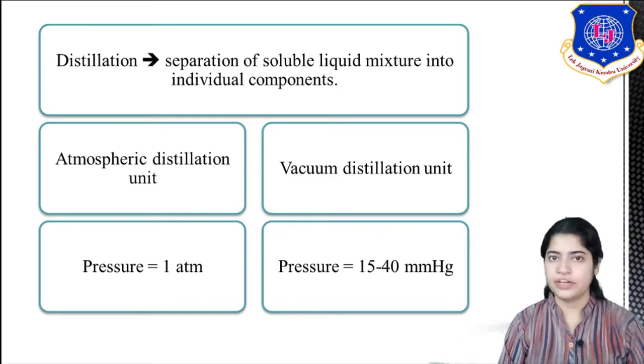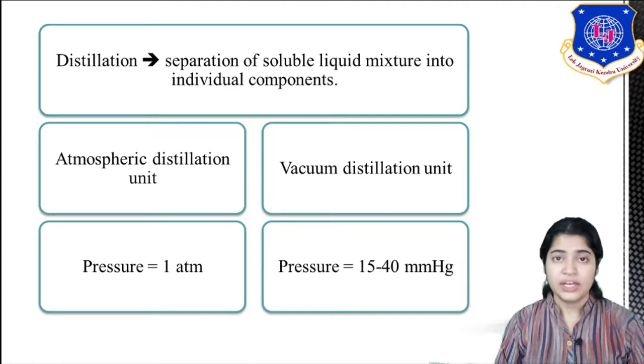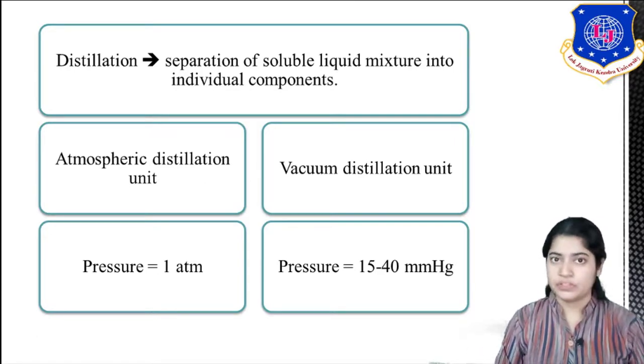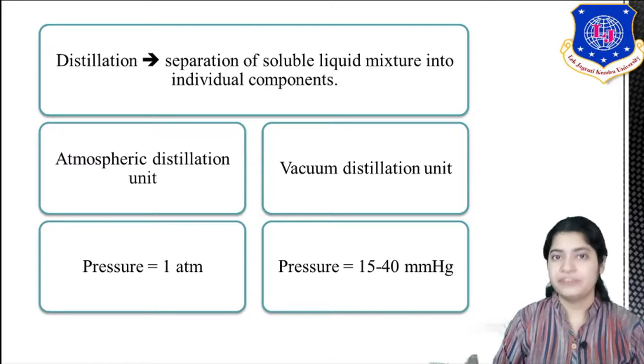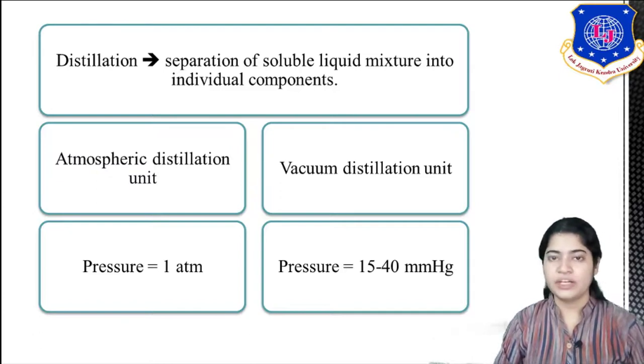It is carried out in the atmospheric distillation unit. The second one is the vacuum distillation unit. Here you keep your operating pressure below 1 atmosphere, that is, you operate it under vacuum. The pressure ranges from 15 mmHg to 40 mmHg.